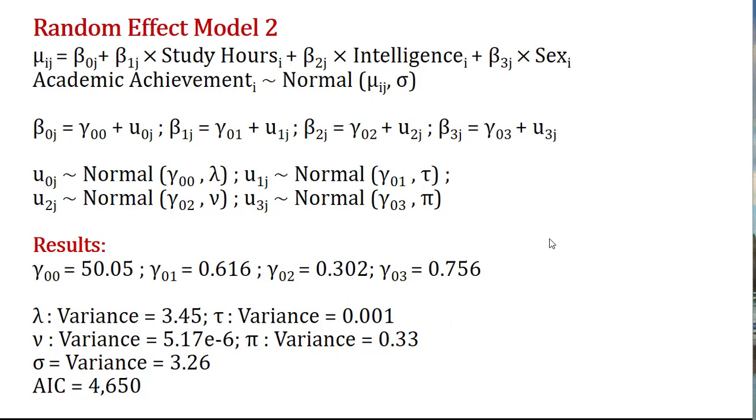So we added 4 new parameters and we compare that with the previous model. So the AIC is lower, 4,650, but we don't know exactly which of these parameters added value to the model.